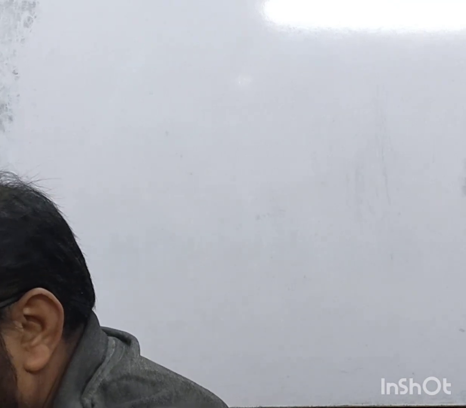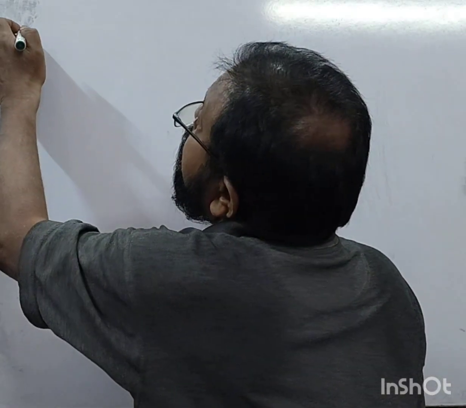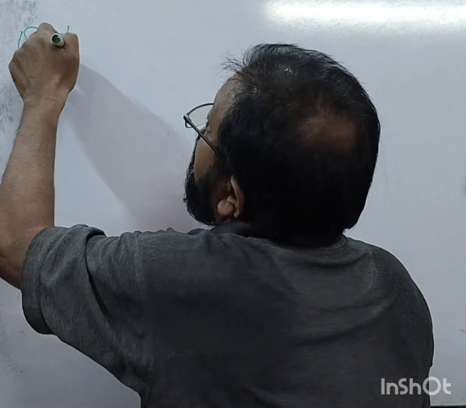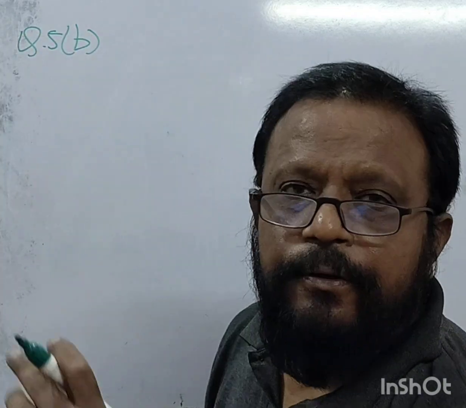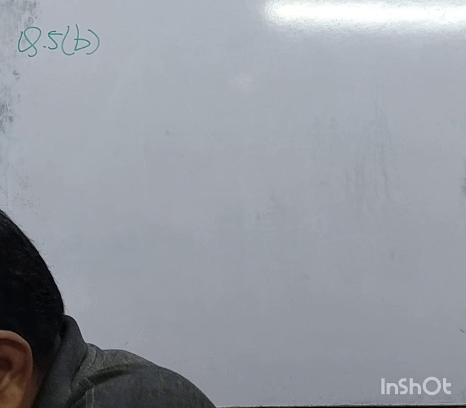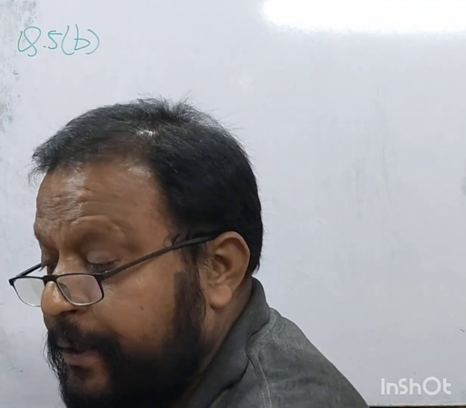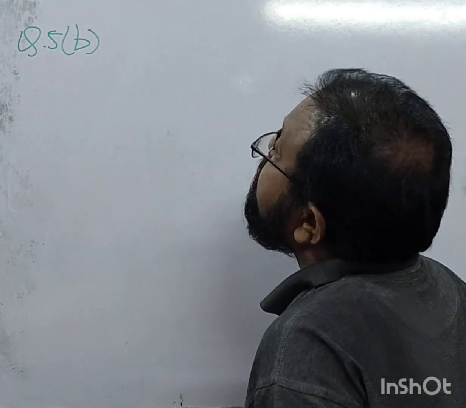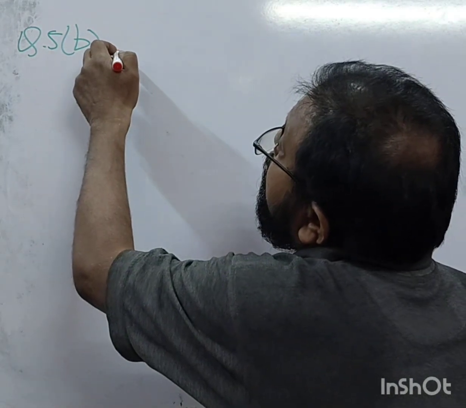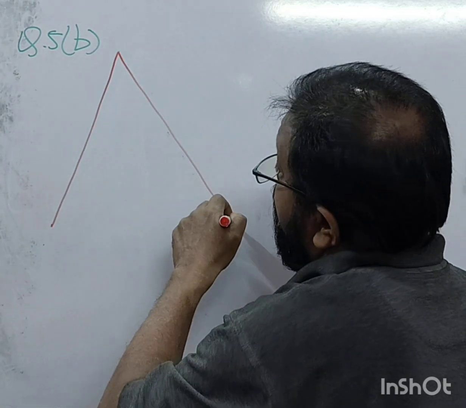Now we have the next question, that is question number 5, part B. Right. Question number 5, part B is what? There is a triangle ABC again, right? There is a triangle ABC.